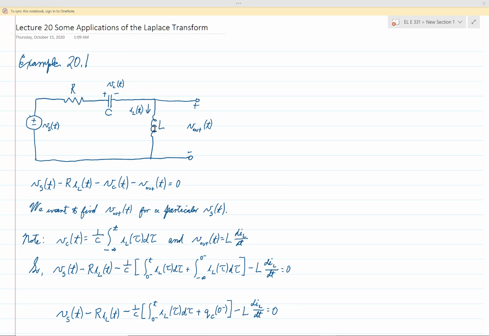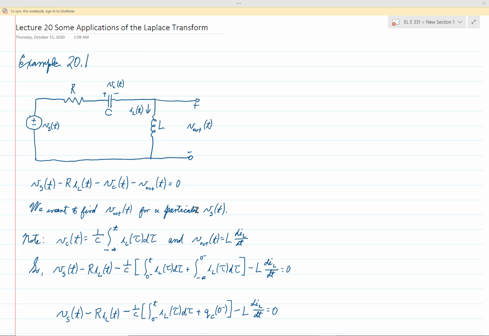The voltage, at least initially, across the inductor is defined as V out of t. The current through the inductor is I sub L of t. Our goal here is to find V out of t for a particular Vs of t.